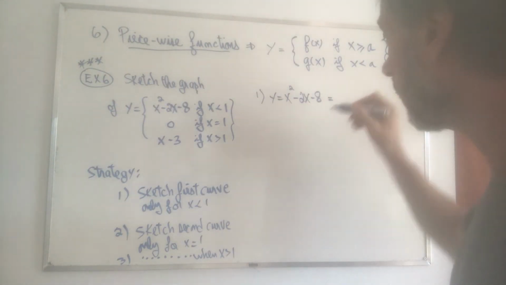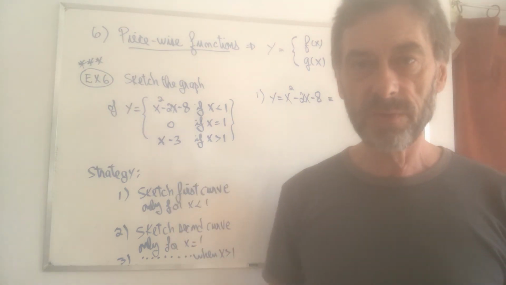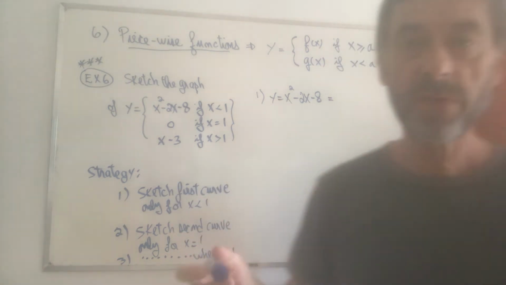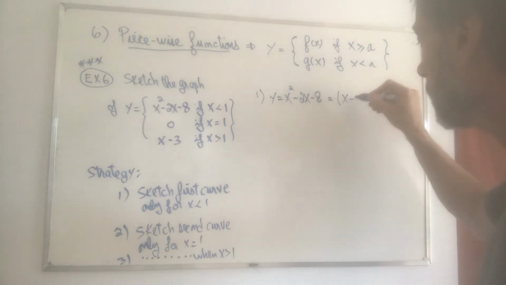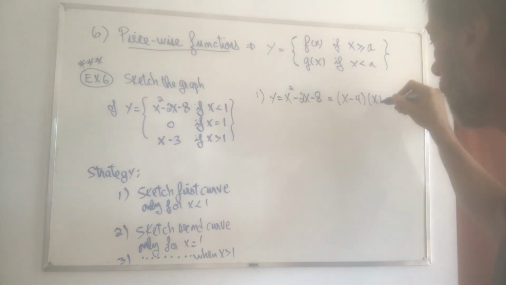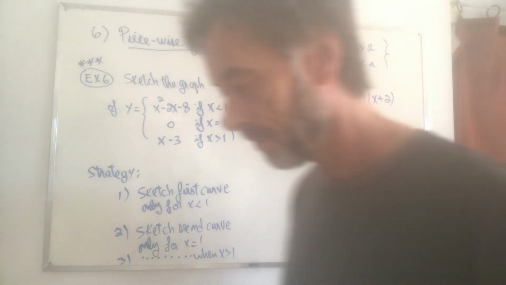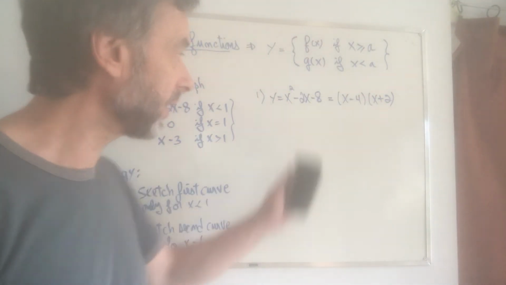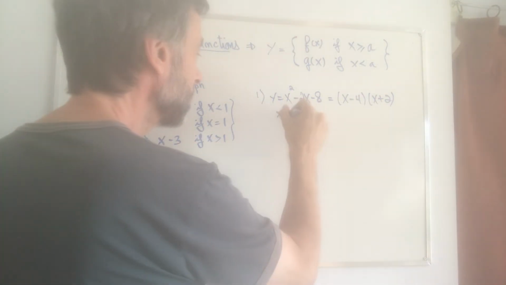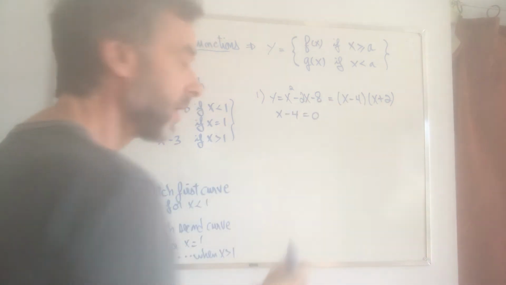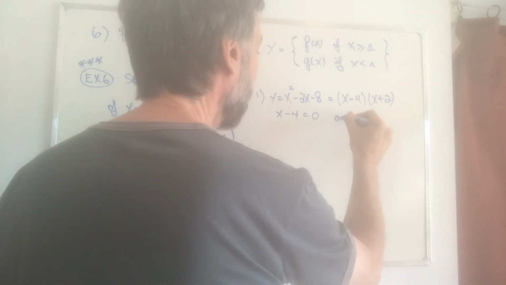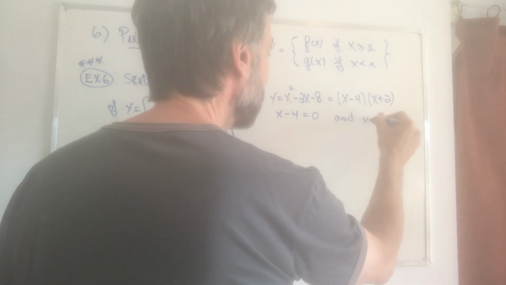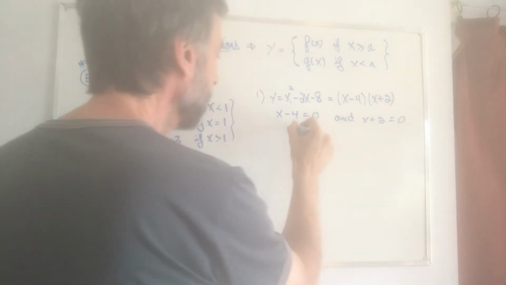Sketching this requires finding the zeros. This is done using the quadratic formula or factoring. I'm going to factor this into x minus 4 and x plus 2, which is the correct factoring. My zeros are found by letting each of these brackets equal 0.